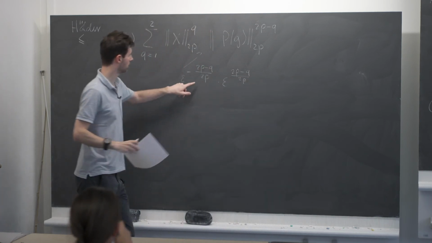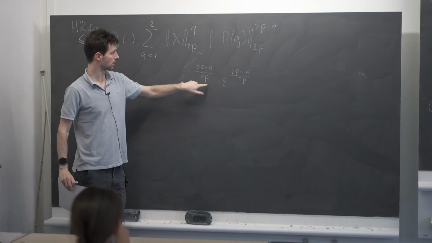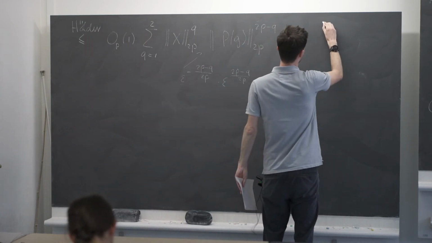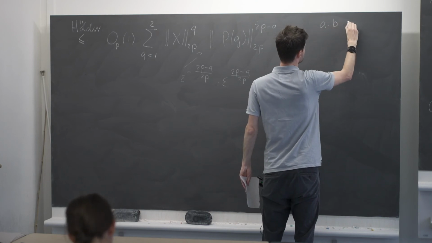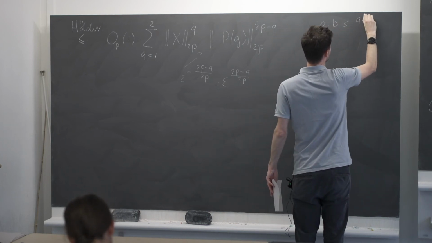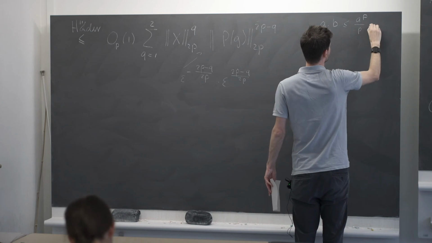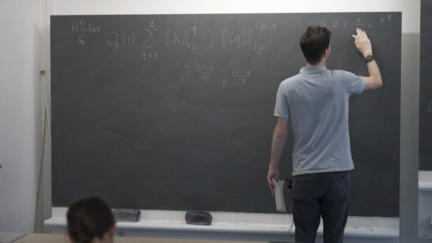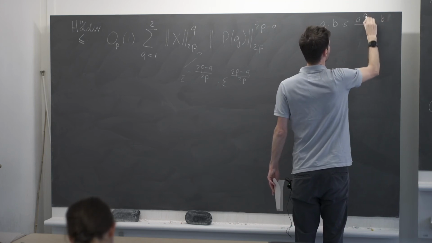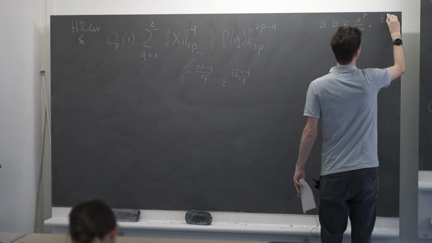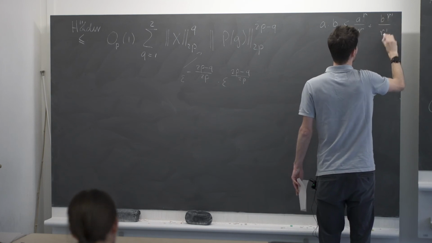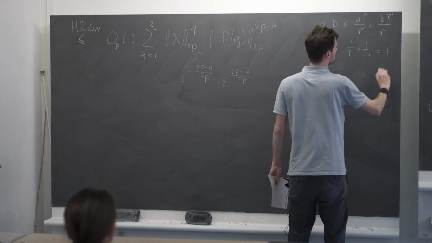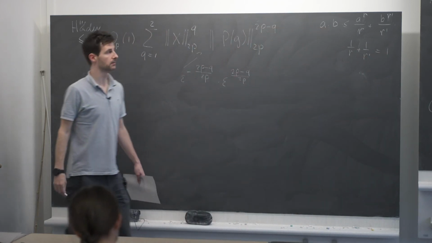I write 1 here. This is a trivial way of writing 1. And then I use Young's inequality, which, if you recall, says that a times b is less than or equal to a to the r over r plus b to the r prime over r prime, where 1 over r plus 1 over r prime is equal to 1.